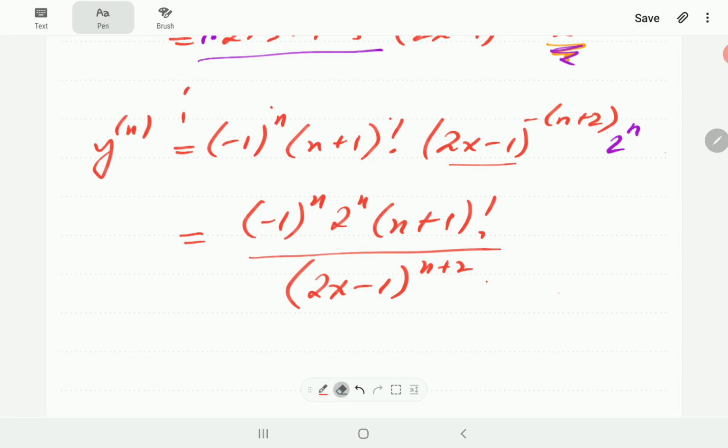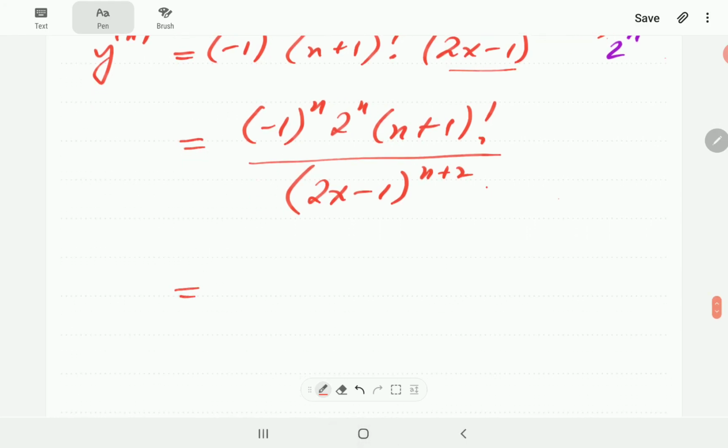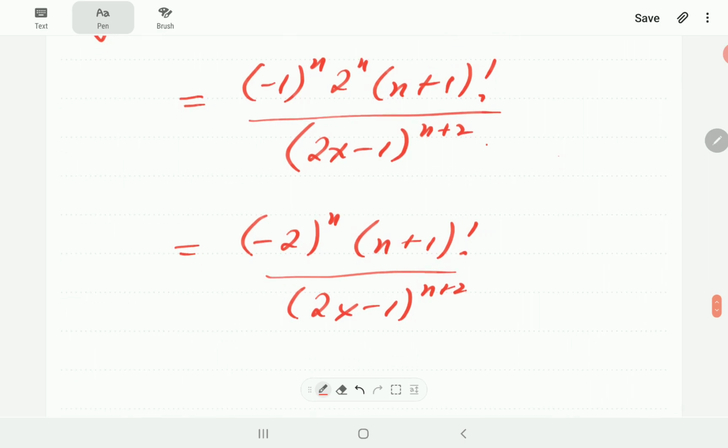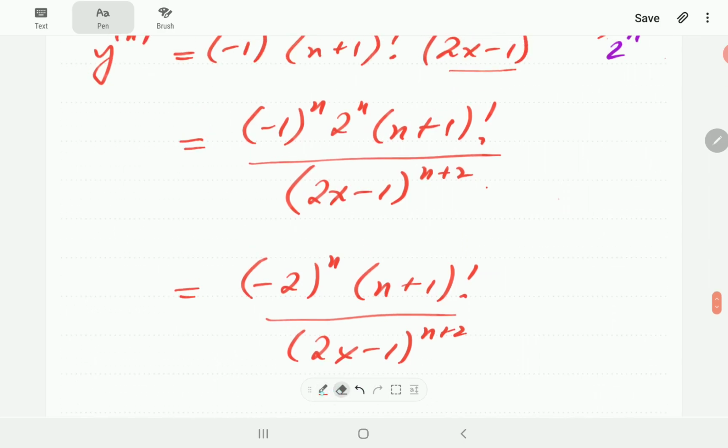Notice that since these are both to the same power, we could optionally combine those two. However, this is an optional step. If you went as far as the previous one, that's good enough pretty much for this type of problem.